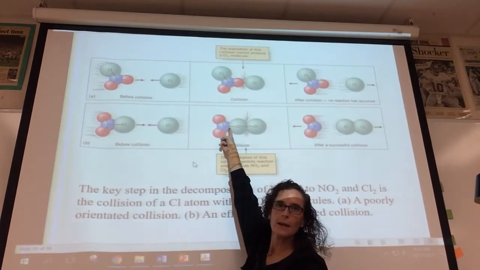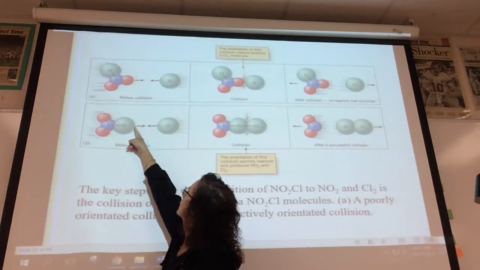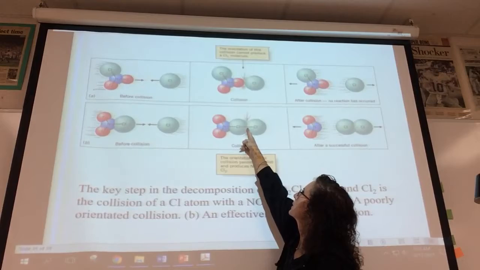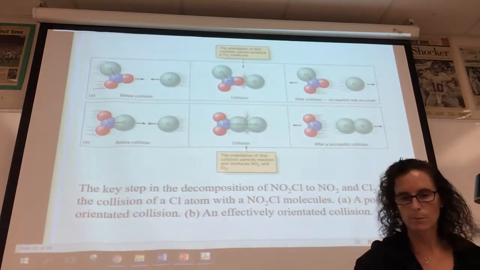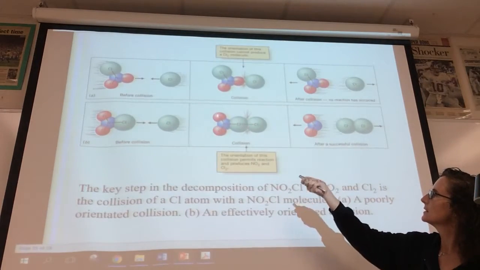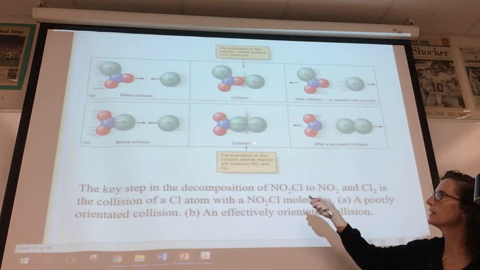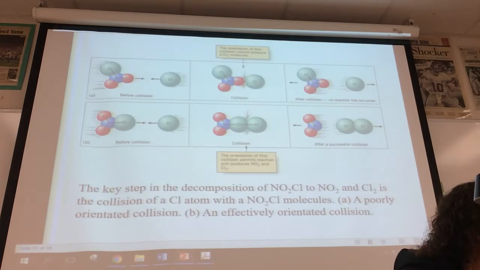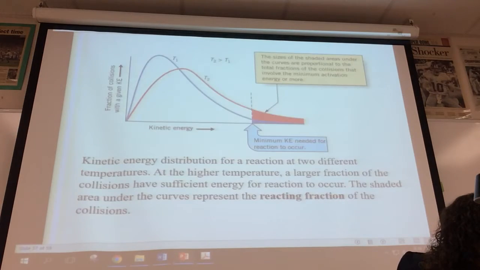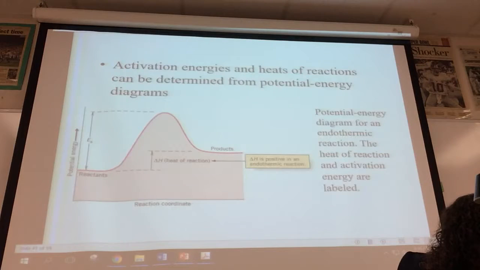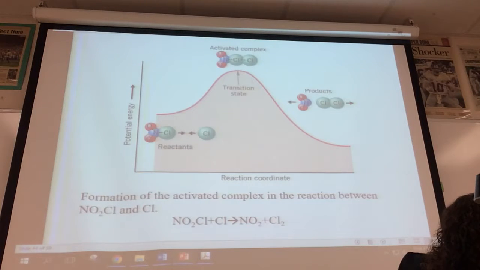You can see it breaking here. This is going to be a product bond. You can see it forming here. This is an activated complex. It's a very high energy. It's very unstable. The point on the curve where this occurs is known as the transition state.